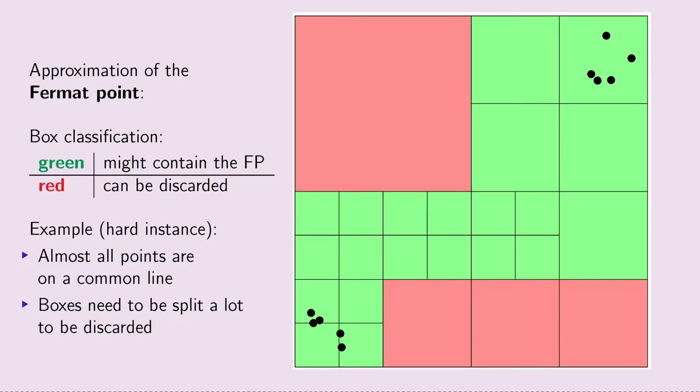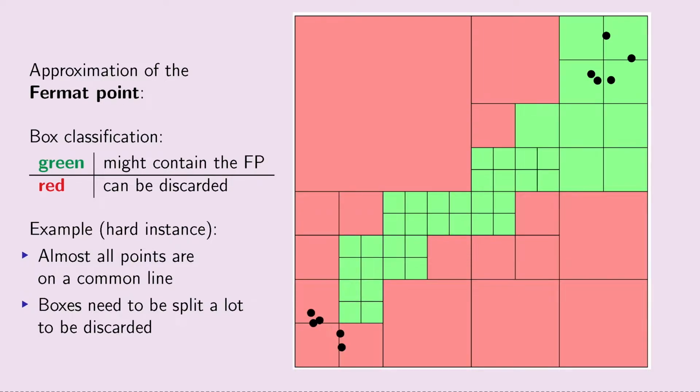Here we have another example, which we consider a difficult instance for our approximation algorithm. The cluster points are almost on a common line, a line from the bottom left to the top right corner. This implies that the distance function restricted to that line is very flat.